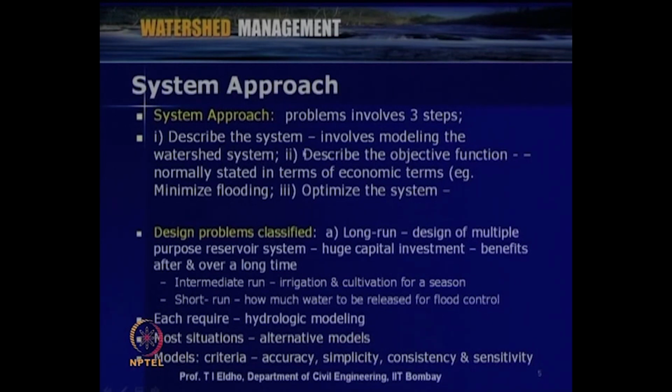Second, we describe the objective function, whatever we are going to do with water as a resource. We may be going for optimization, like minimizing the cost and maximizing the benefits. We can describe an objective function, generally stated in terms of economic terms, like minimize the flood hazards or maximize the water availability.